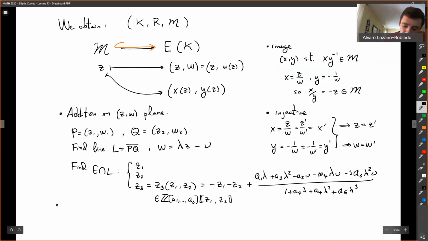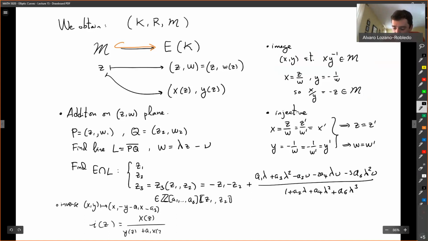The inverse in the XY plane is given by X, minus Y if it was a short Weierstrass equation. If it's long, as in this equation, the inverse for a z value is going to be X over Y plus a1X plus a3.